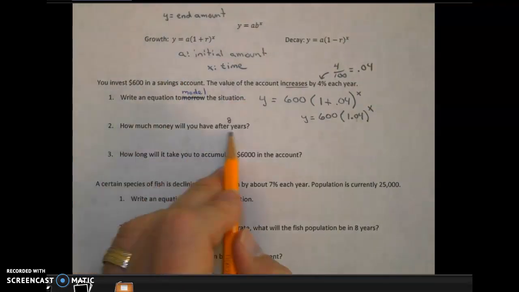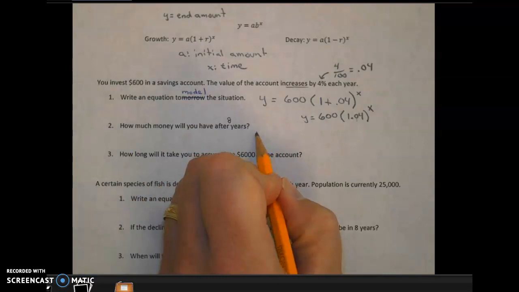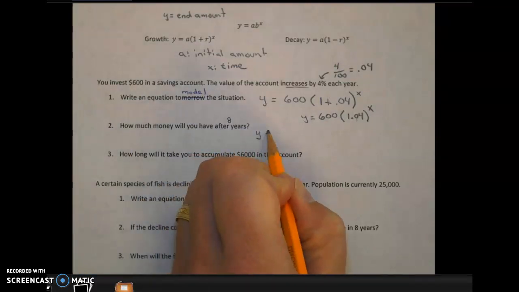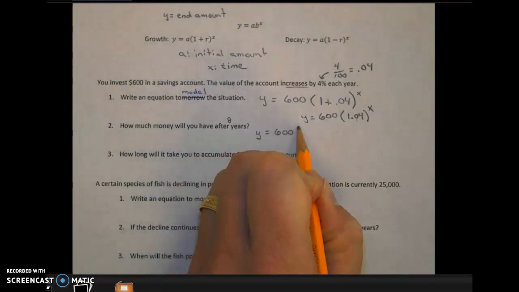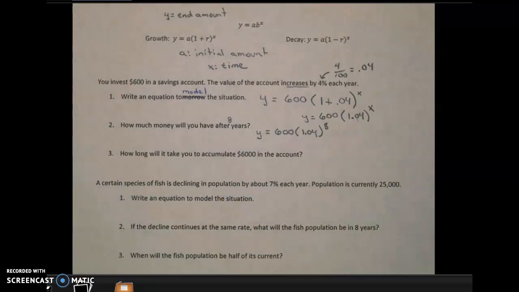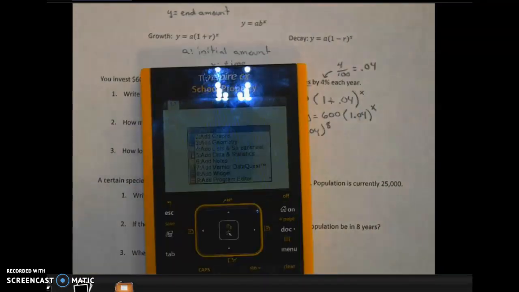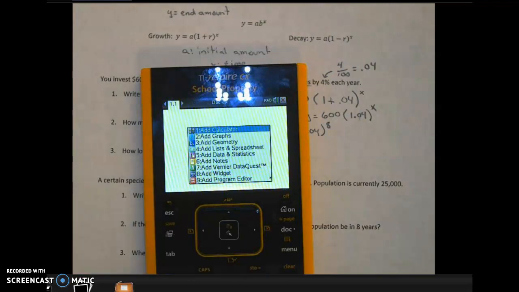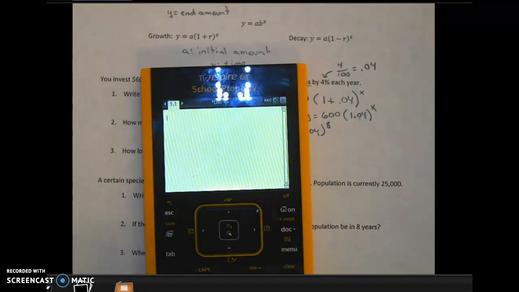Okay, how much money will you have after 8 years? So we want the ending amount. That's what we're searching for. So we're going to plug in 8 in for x. Okay, so take in your calculator 600 times 1.04 raised to the 8th power.